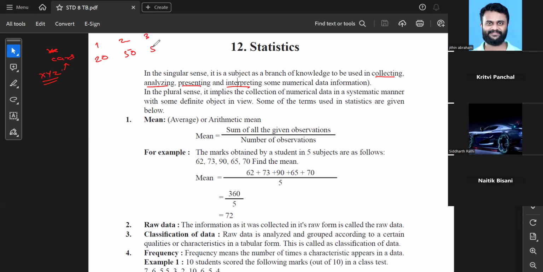Building number three has only 5 cars. Building number four has 40 cars, and so on. Just a rough example, with a small number of buildings: building number five has 100 cars. So you have collected some data. This is called collection of data.